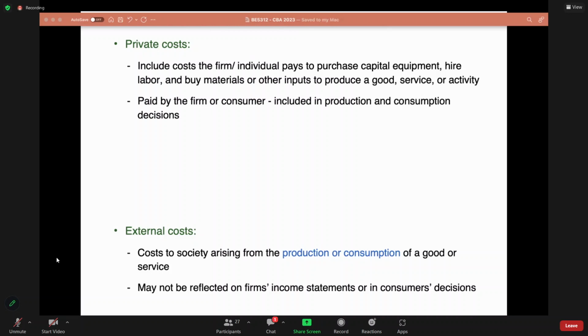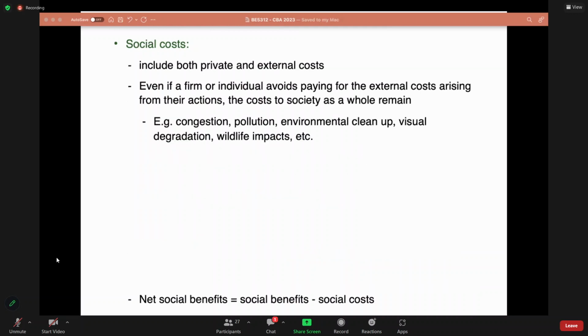These will typically not be included in the client's cost. So when we say social costs, that will include both these private and external costs.